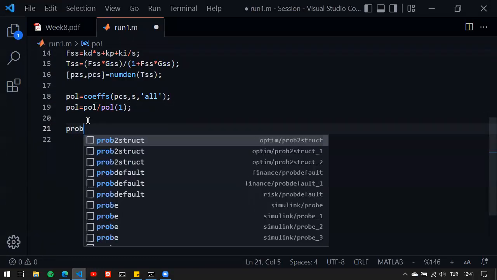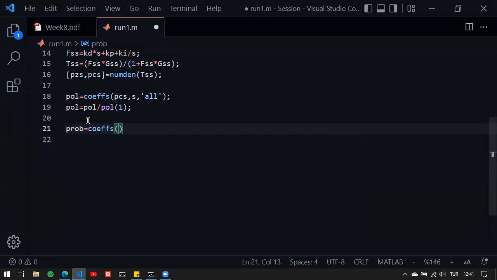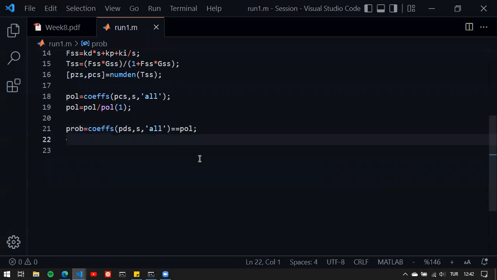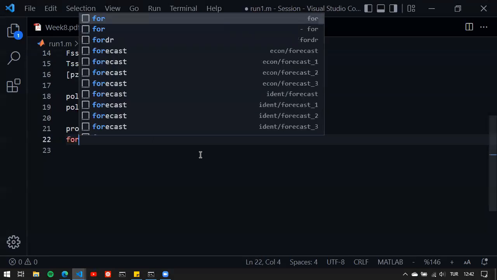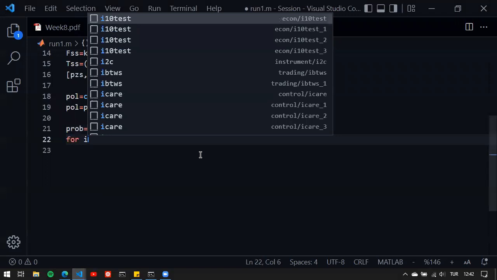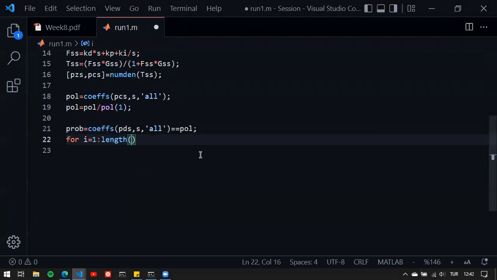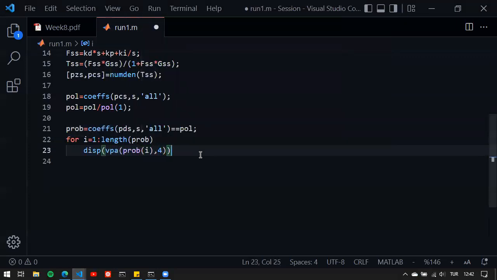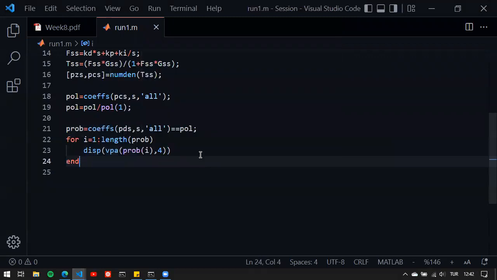The other thing is that we need the coefficients of the desired polynomial, and this should be equal to the polynomial here. Now, let's display the problem here. This is a VPA problem in Python. There we go.